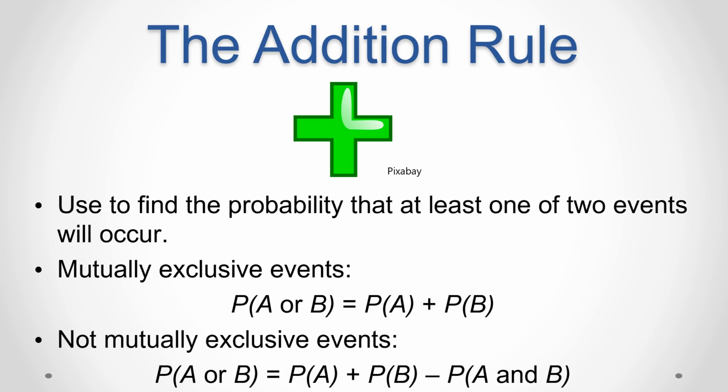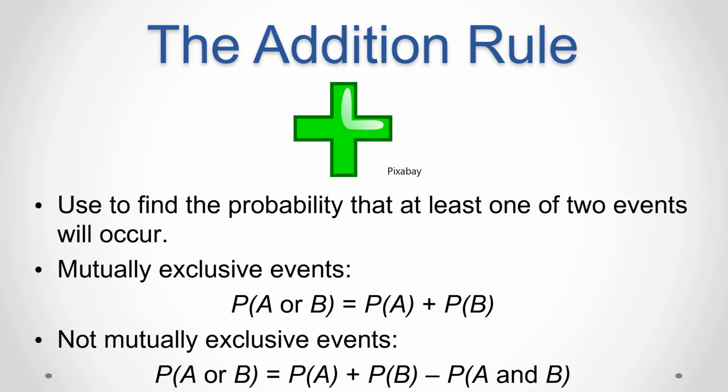Remember that mutually exclusive events are when two events cannot happen at the same time. If A and B are mutually exclusive events, then the probability of A or B is equal to the probability of A plus the probability of B minus the probability of A and B. However, remember that with mutually exclusive events, probability of A and B is always equal to 0.